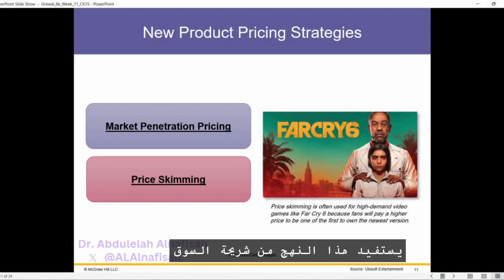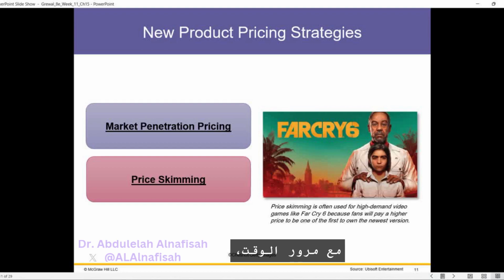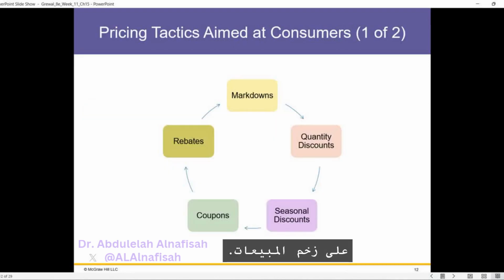This approach capitalizes on the segment of the market that values being early adopters and are willing to pay a premium for the latest technology or innovation. Over time, as the market becomes more saturated or competition intensifies, the company gradually lowers the price to appeal to a broader customer base and maintain sales momentum.